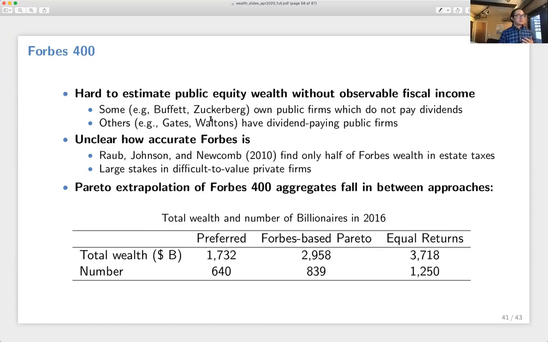But I think that when you dig into the data, it turns out it's a bit less clear how far off we are or how close others are. When folks at the IRS have linked Forbes wealth to estate tax returns, they found that only about half of Forbes wealth shows up on estate taxes. So that just goes to the fact that it's a bit hard to value and hard to measure.